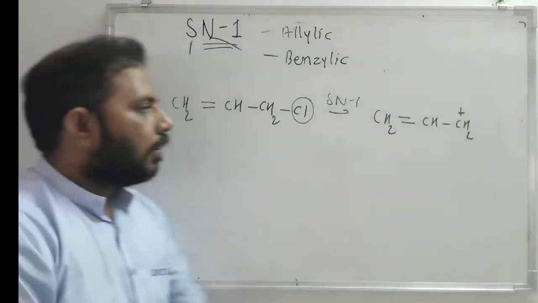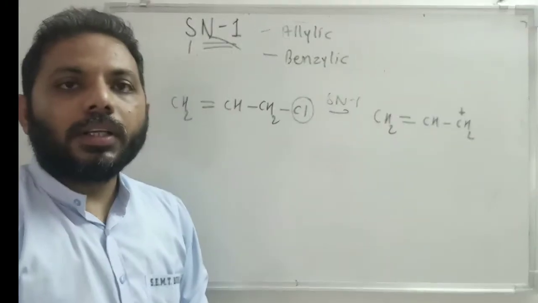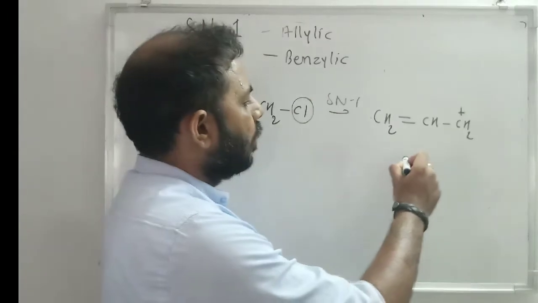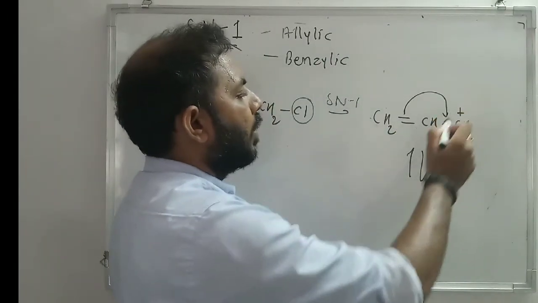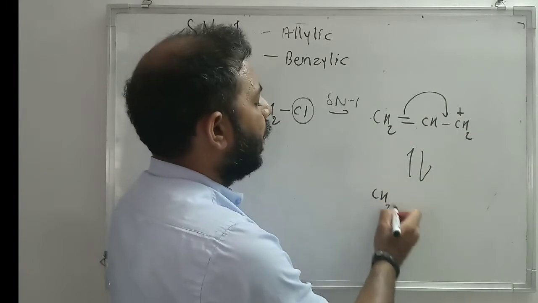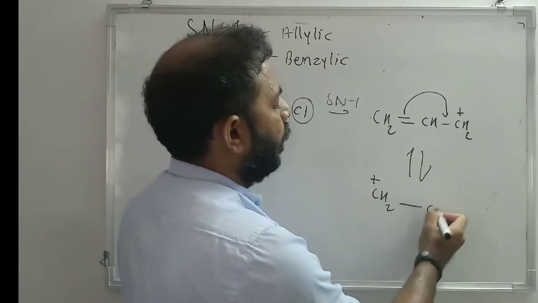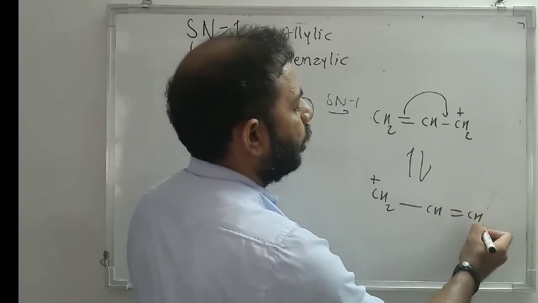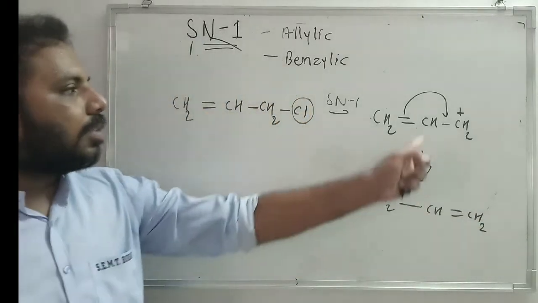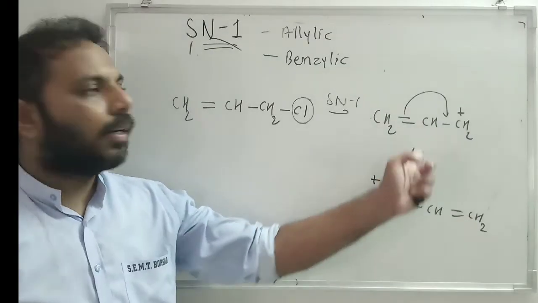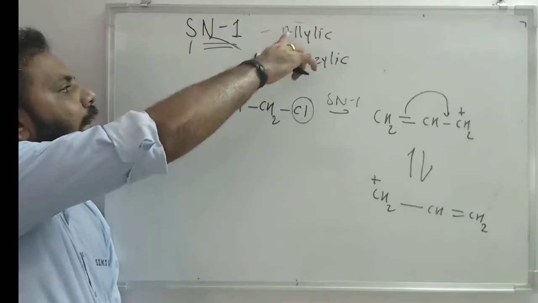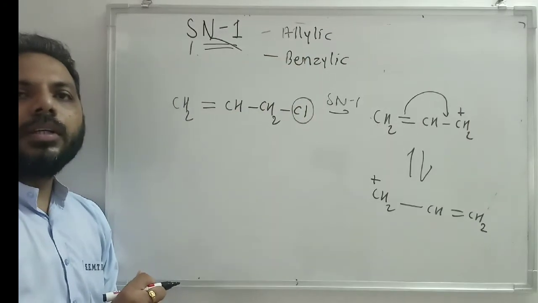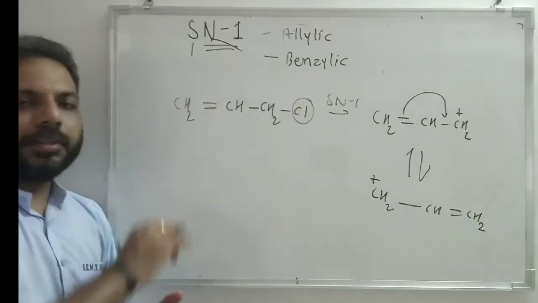Now, this carbocation will undergo resonance. So these electrons will transfer over here, and we'll get positive charge here and double bond here. So there is resonance stabilization of allylic carbocation, and that is why the reactivity of allylic compound is more in case of SN1 reaction.